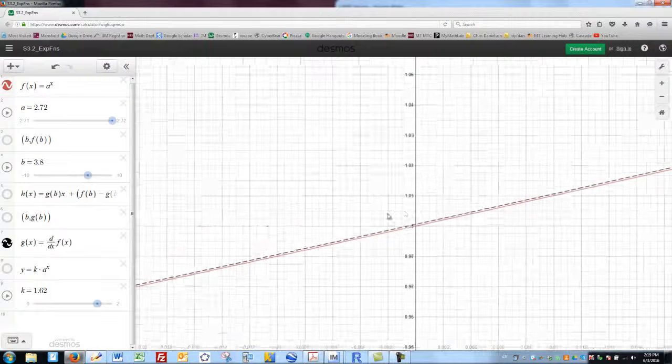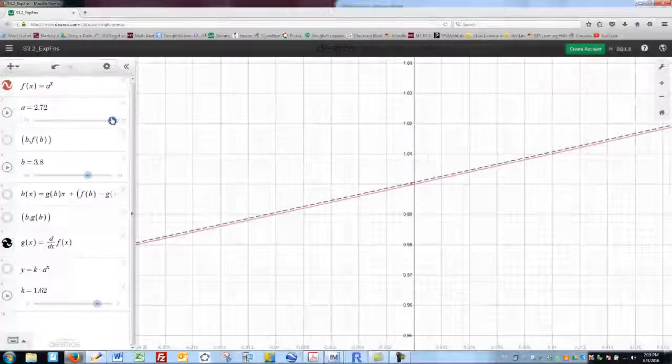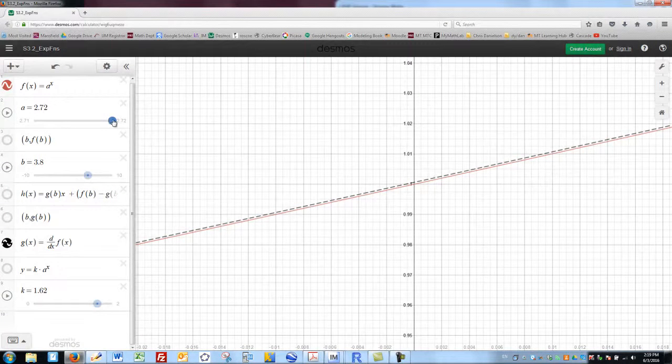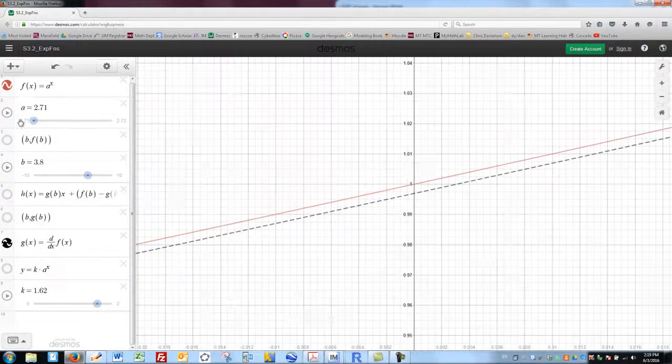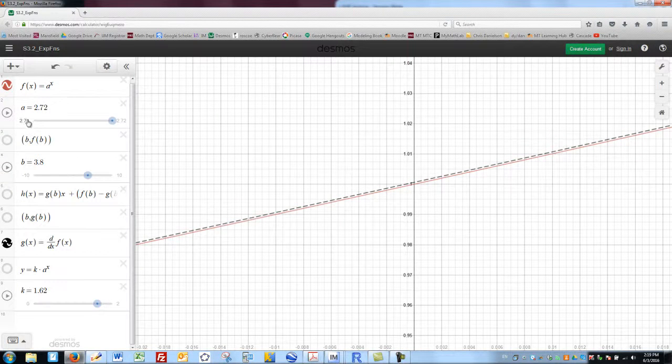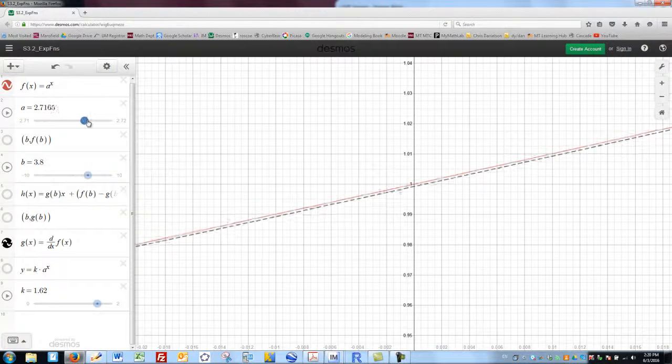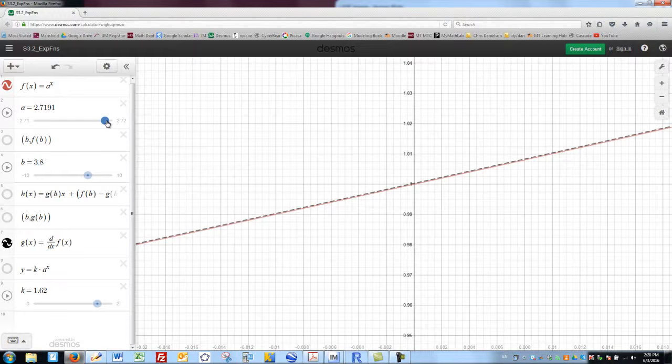So definitely above the graph at this point at 2.72, below the graph at 2.71, I see. Okay, so now I'm seeing something really close.